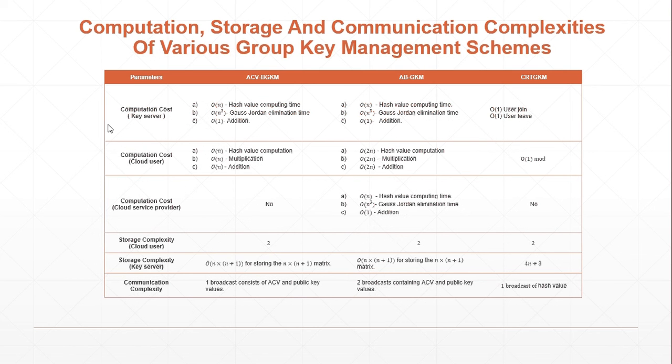So as we discussed before, in a cloud environment there are two algorithms called ACV-BGKM and ABGKM, which have the mathematical notation of order of n for ACV-BGKM and order of n for ABGKM for the hash values on the key server side.